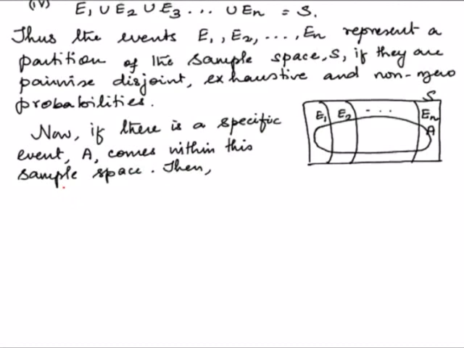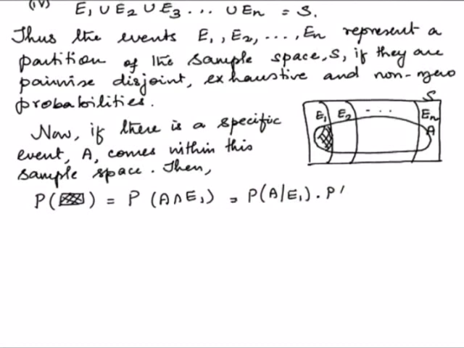Definitely yes. So, there is some overlapping portion with each of the events. The probability of this shaded region, probability of A intersection E1, that is equal to probability of A given E1 into probability of E1 by the multiplication theorem of probability.